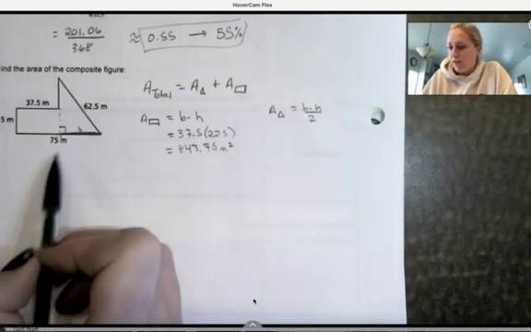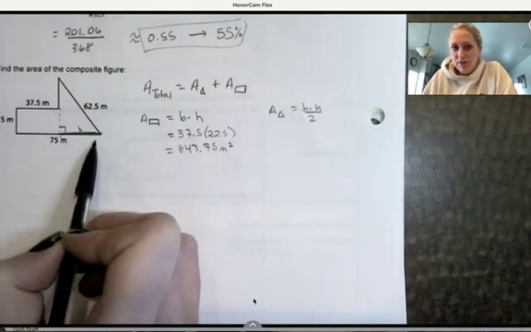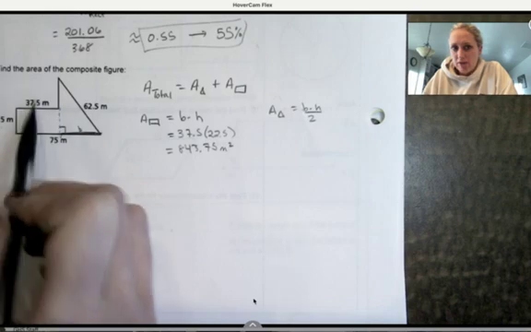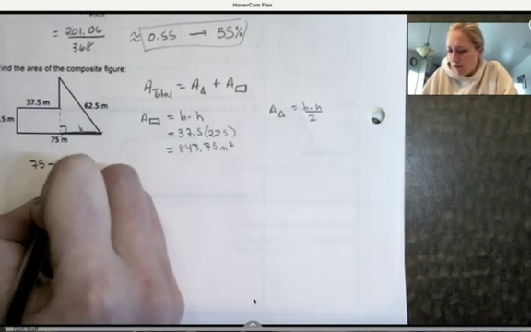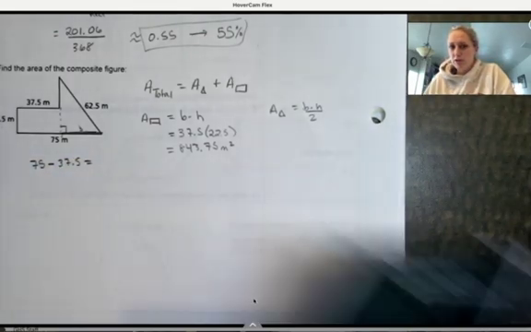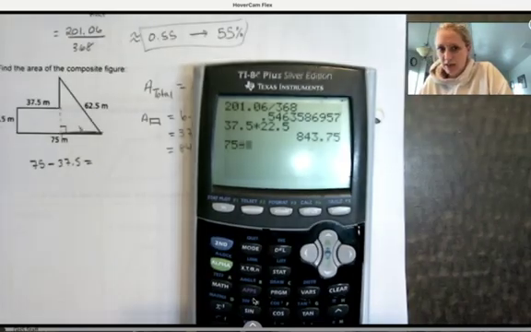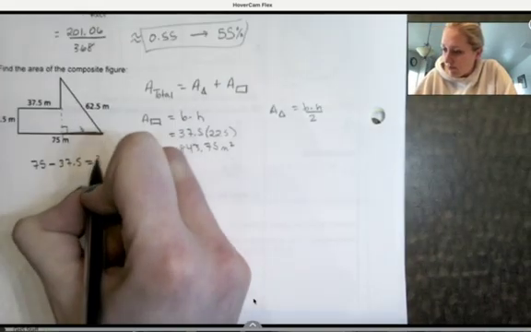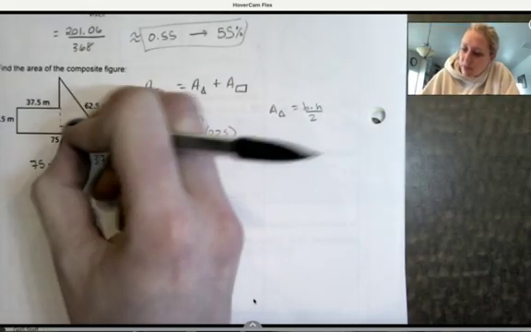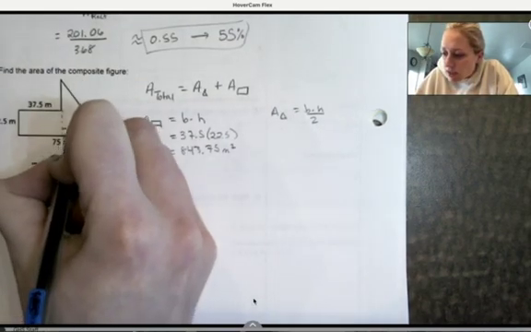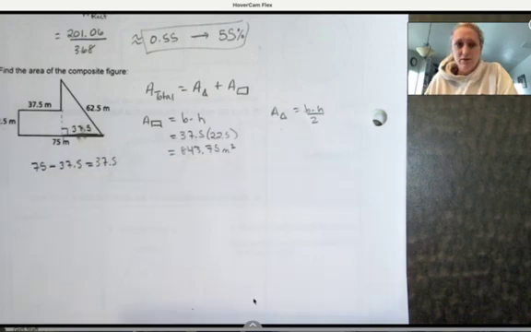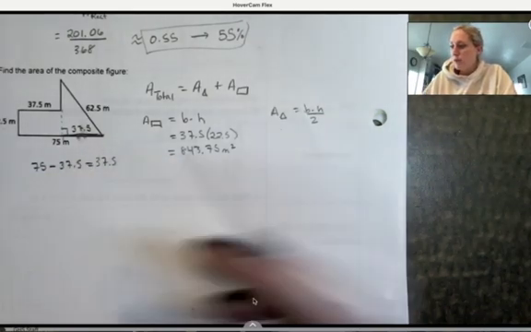So this base, the whole thing is 75, so if we subtract off 37.5, 75 minus 37.5 is 37.5. So that means this piece right here is 37.5.